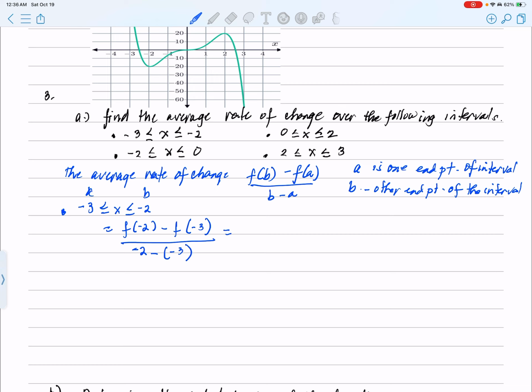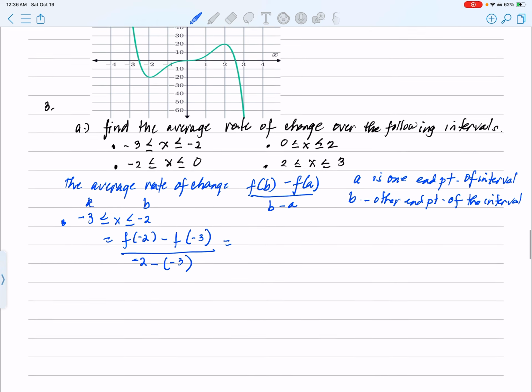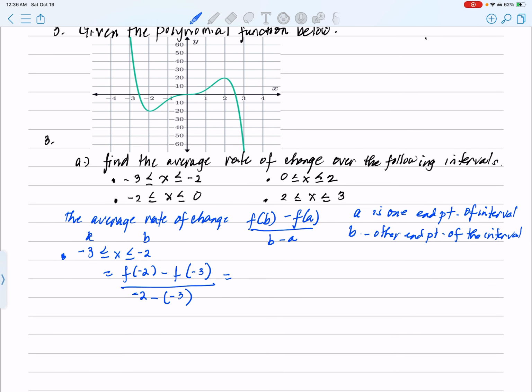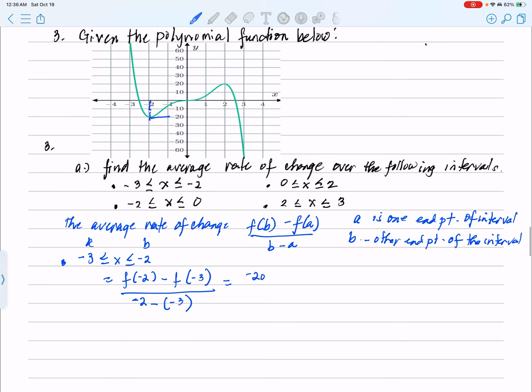Let's look at where -2 is. -2 is right here, right? Let's go down and look at the function, the output. When it's -2, the output is -20, right? Then let's look at when it's -3, right here.